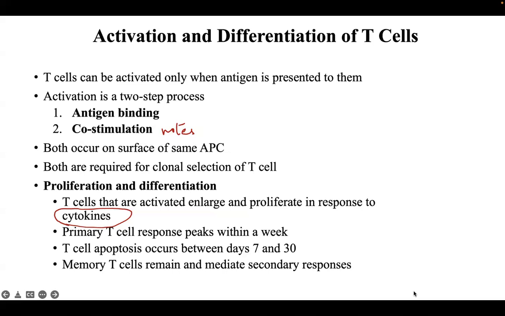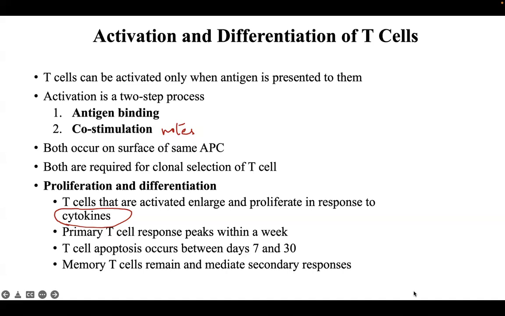Co-stimulation means there are some factors that, while it is being activated, will act as co-stimulatory molecules in order for it to work as an effector cell. Now, both occur on the same APC, and both are required for clonal selection of the T cell.